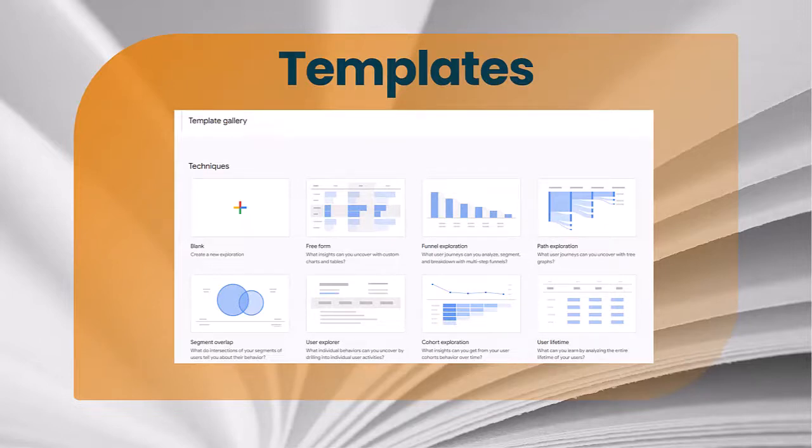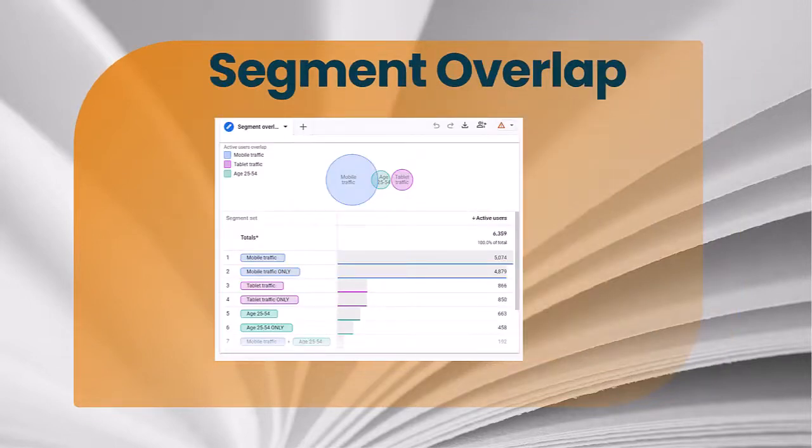The templates have everything from funnel exploration, path exploration, cohort, user lifetime, and user explorer. You can also explore some of the different segments. What this allows you to do is create detailed segments by either the acquisition, the medium, or the source. So we're going to take a look at the segment overlap exploration.